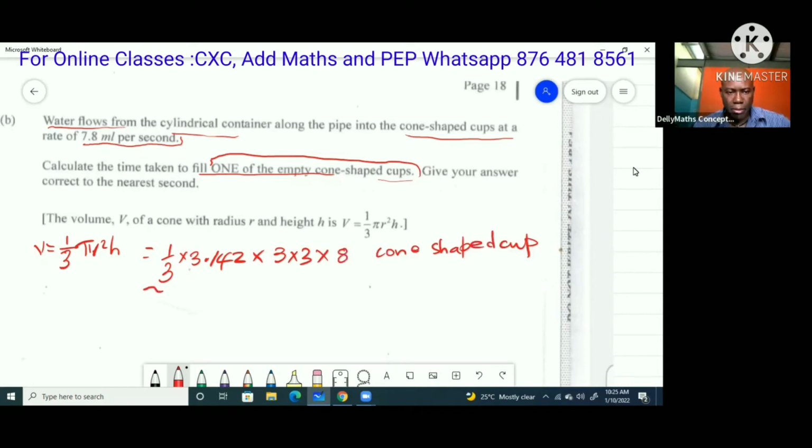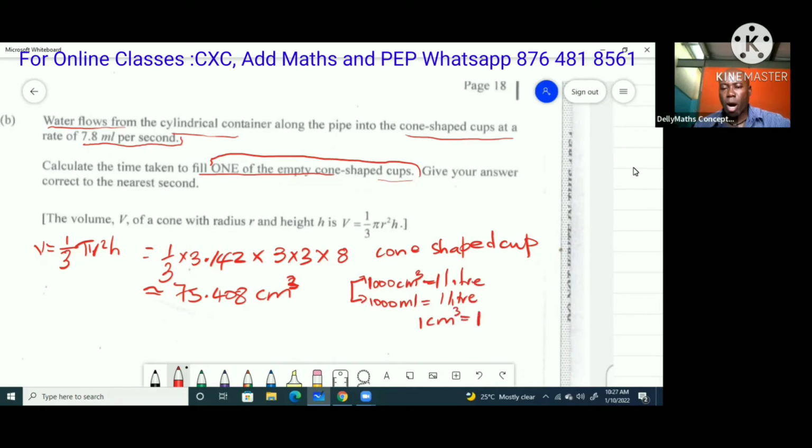We find ourselves with 75.408 cm cubed. 1,000 cm cubed gives me 1 liter, and 1,000 milliliters also gives me 1 liter. So there is a 1-to-1 relationship between centimeter cubed and milliliter. It takes 1 centimeter cubed to give me 1 milliliter.